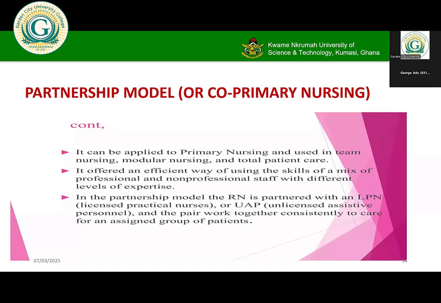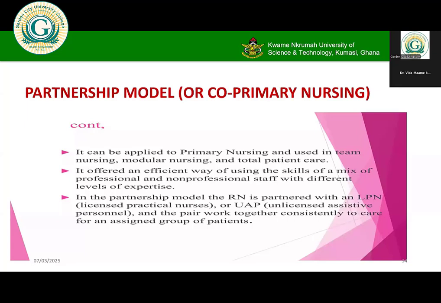Very clear. Are you getting it? So this one is co. Even if I'm there as the primary nurse, I have my other partner with me working together. But with the primary one, I am the duty nurse, and it is only when I am off duty that my associate nurse will come in. So we are paired together consistently.